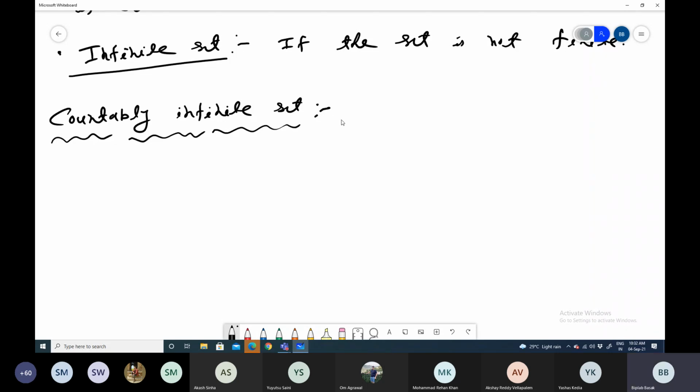So what is a countably infinite set? Let X be a non-empty set.